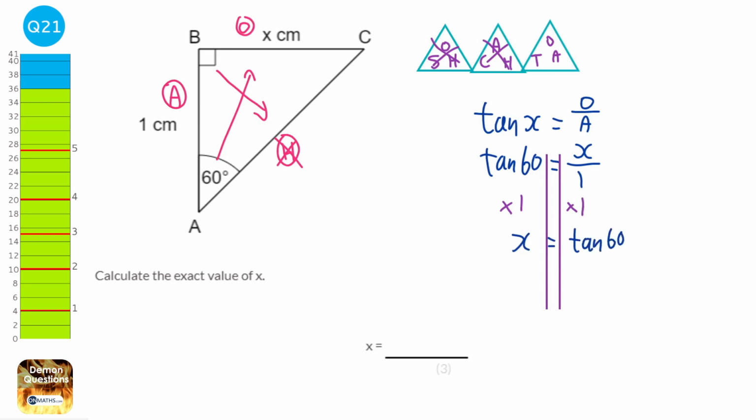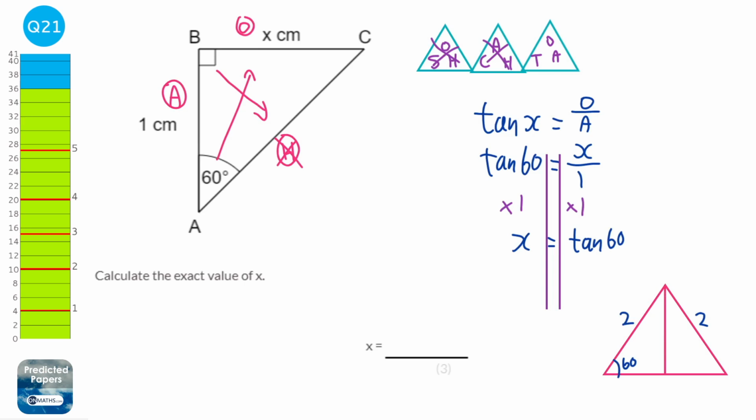Now you need to know off by heart what tan 60 is, and we can work it out just briefly by drawing a right angle triangle. Sorry, not a right angle triangle, an equilateral triangle. So that is going to be 60 by 60 by 60. And we're going to put all the lengths around the outside as 2. And what I'm going to do is cut it down the middle, just cut it into half.